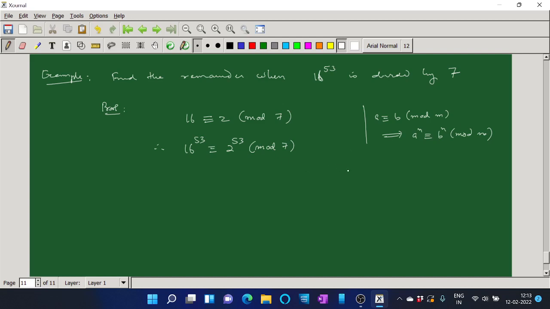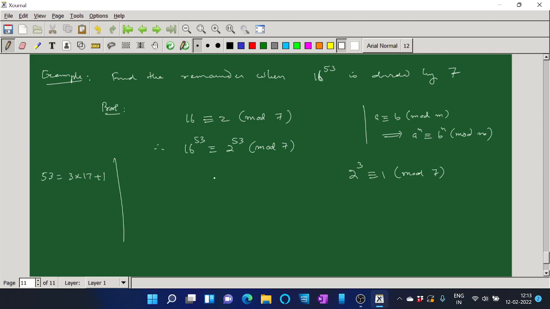We know 2 raised to 3 is clearly congruent to 1 mod 7, because 2 raised to 3 is 8. So if we can write 2 raised to 53 in terms of powers of 2 raised to 3, it is very easy to find. For that, 53 you can write as 3 into 17 plus 1.